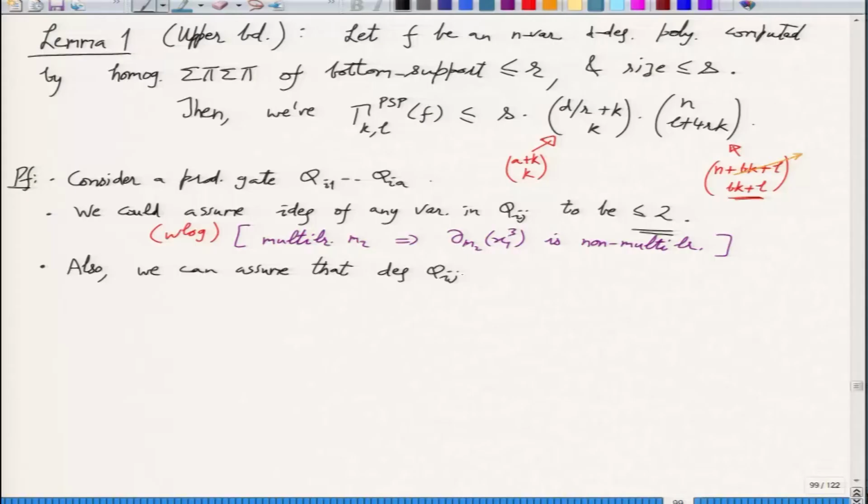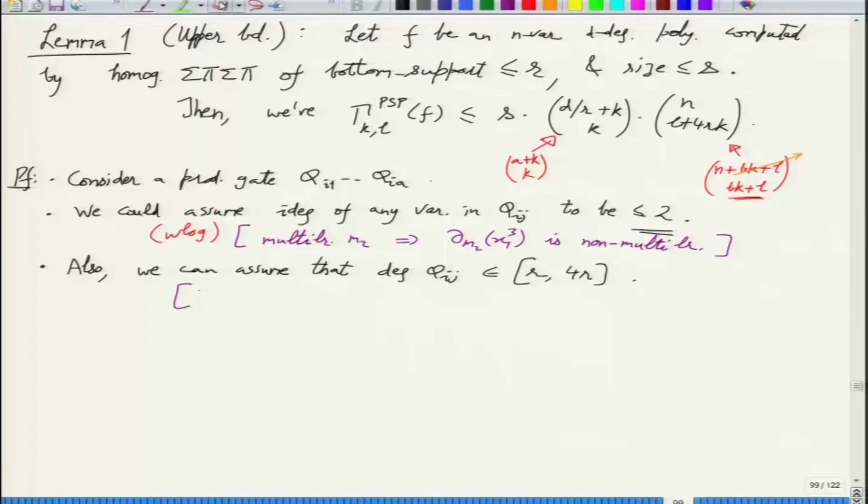Also, we can assume without loss of generality that the degree of qij is at least r and at most 4r. So why is that? Why is the degree of qij at most 4r? In qij look at the monomials.